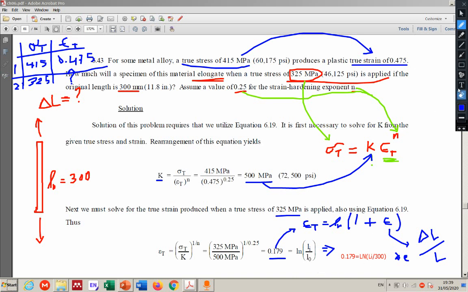So I can write it here: Li is equal to the exponential, multiplied by 300.